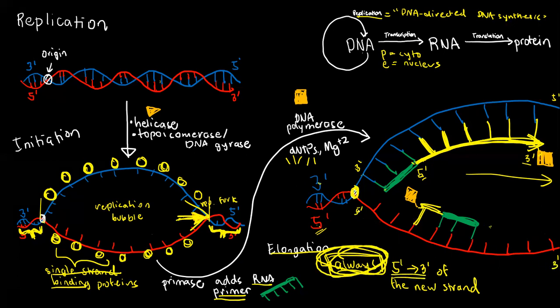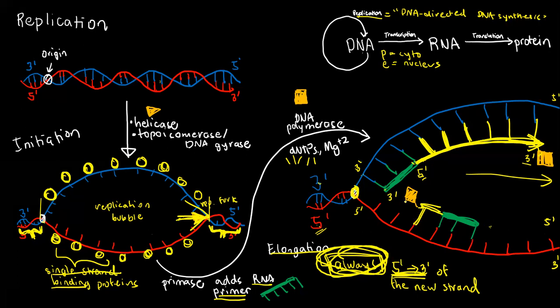So a while ago I said that the yellow strand below has this area as the 3 prime end, the left one, and the right one is the 5 prime end, and the direction of elongation is always 5 to 3. Then we have no choice but to go backward, as in right to left. So notice where my polymerase is right here.